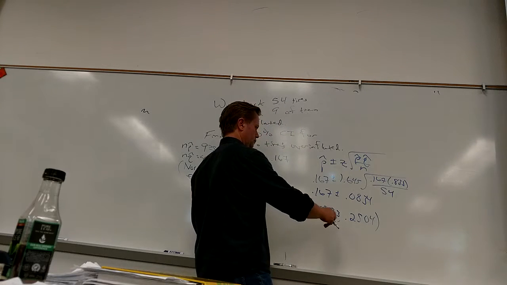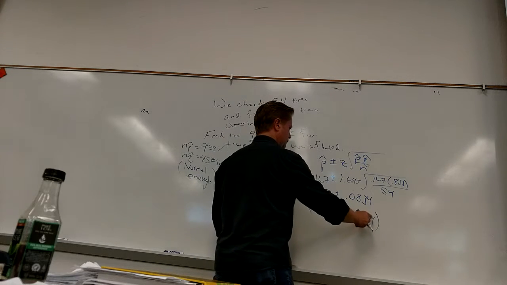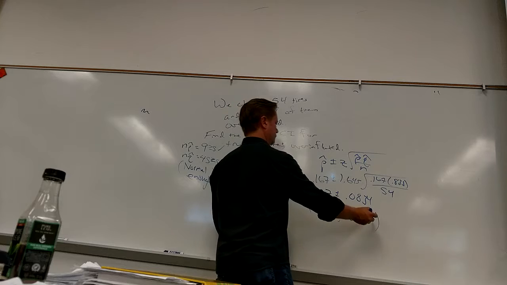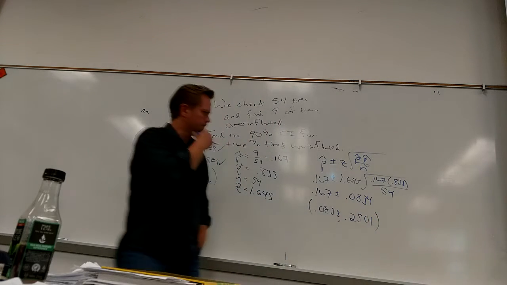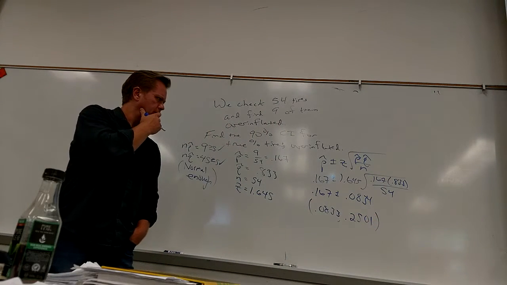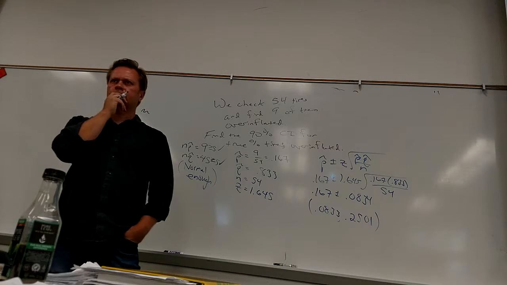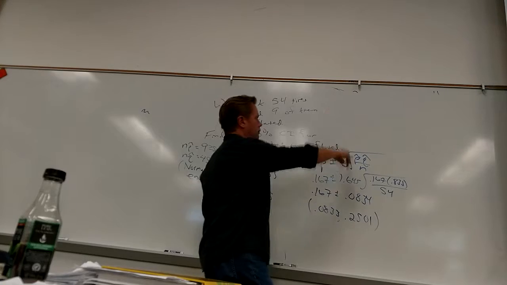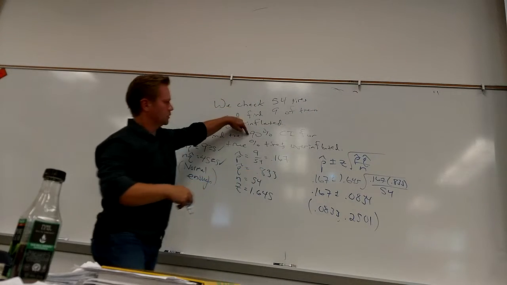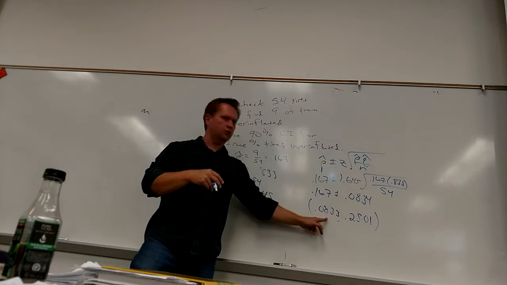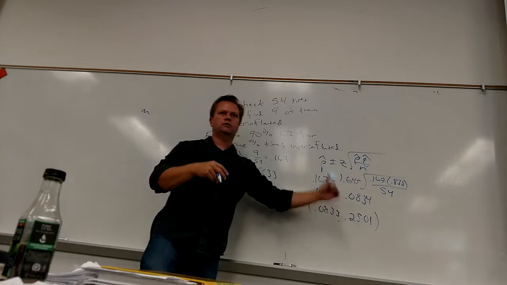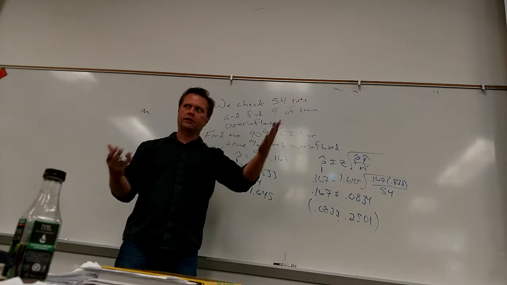Maybe? That makes sense. Close enough. All right. So then we are 90% confident that this interval, 8.33% to 25%, contains the true percentage of tires that are overinflated.